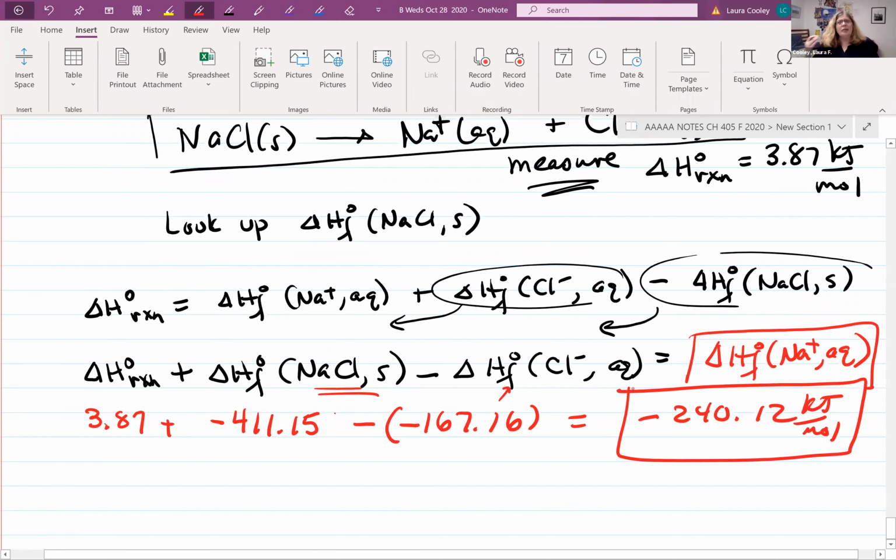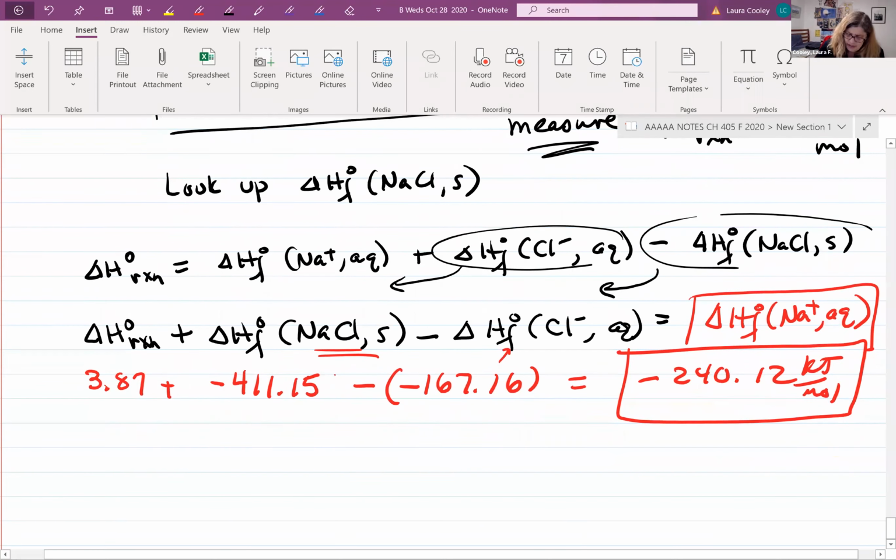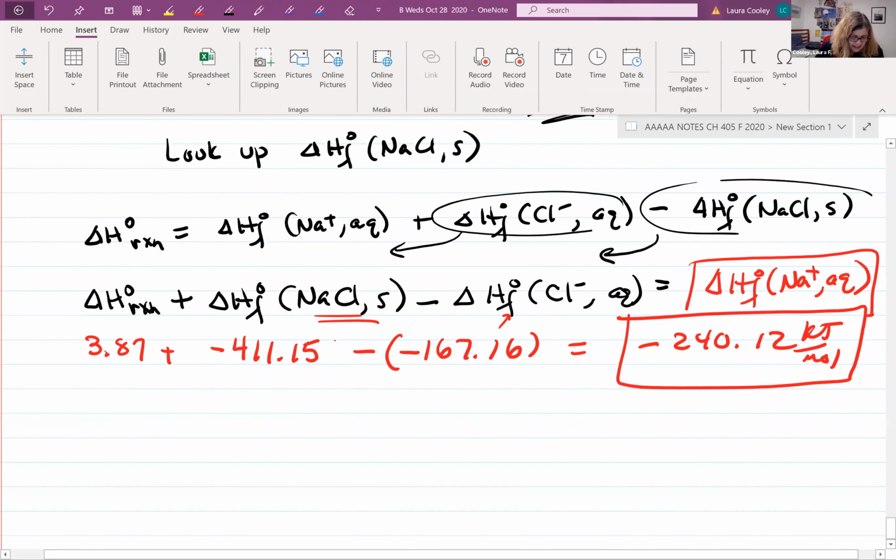And you could keep going with this idea, right? You can now use the heat of formation of sodium and maybe the heat of formation of sodium bromide and the heat of solution of NaBr. So you could do what we did here. The next one might be NaBr goes to sodium plus bromide.